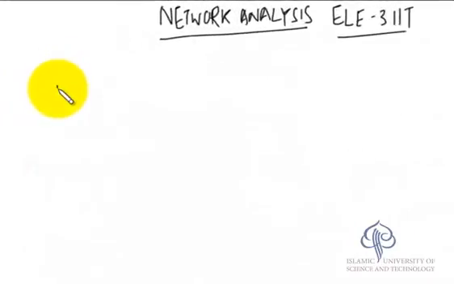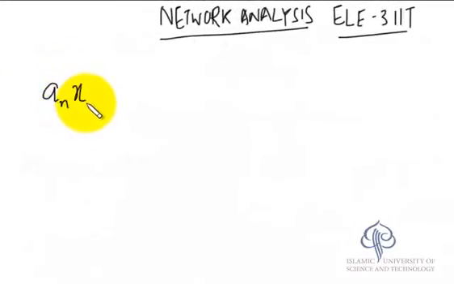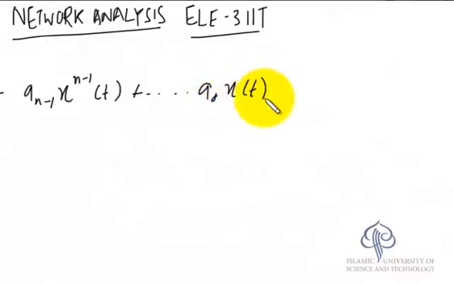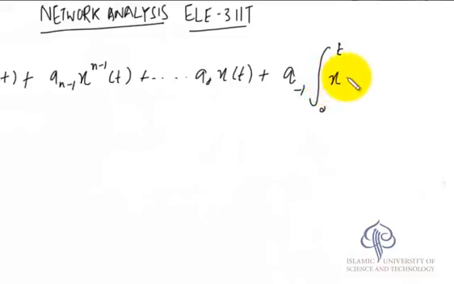For example, let us suppose you have a differential equation which has terms up to a0 x(t), but it also has an integral term after that, something like the integral of x(tau) d tau, and then you have a forcing function on the right hand side.